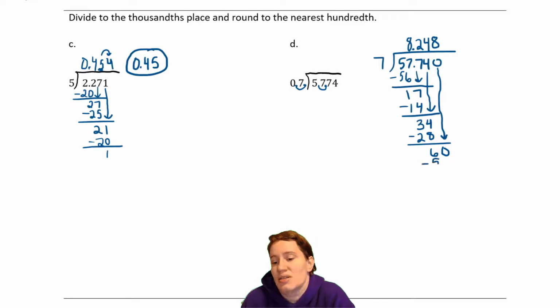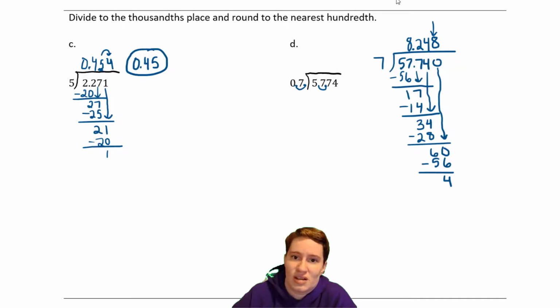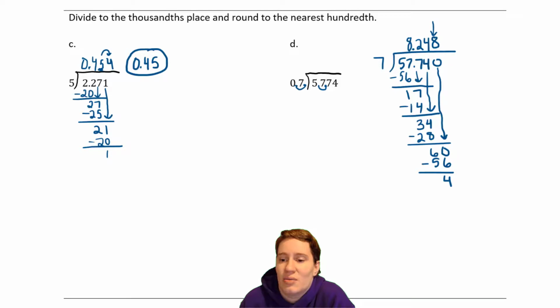And then we get to stop, because all we needed to know was that this was an 8, because we want to decide, should this be 8.24 or should this be 8.25? And we decide based on, is this a number that's big and is close to bringing us up to the next number, or is it a number that's small so that we should just take it off and round down? Since 8 is bigger than 5, we're going to round up. So this answer is 8.25.